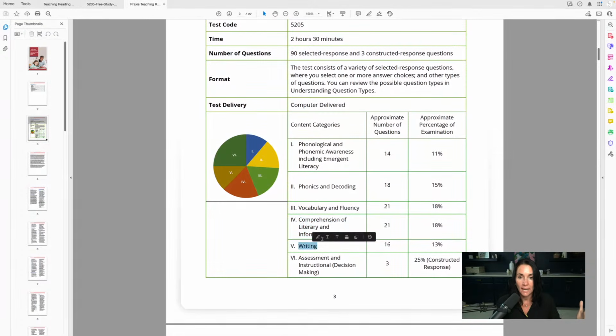And then writing. And so these foundational skills here, phonological and phonemic awareness, phonics and decoding, and vocabulary and fluency, all build upon each other in order for students to comprehend and to write. Now, just a quick note here. Notice that when I talk about these types of skills, we're always talking about building on top of other skills.